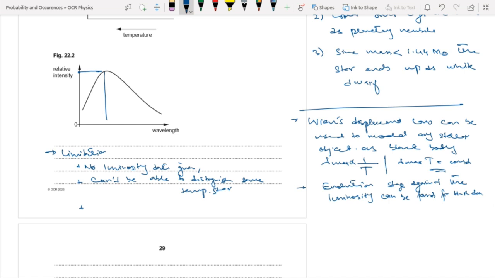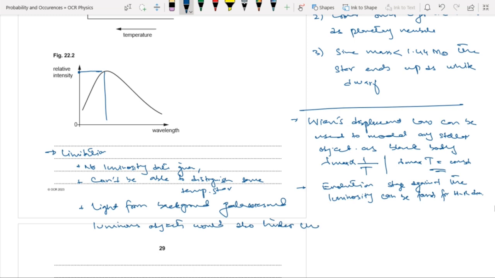Another limitation is that the light from background galaxies, other galaxies in the background, would also hinder our analysis. That's it, I think, and that should be sufficient.